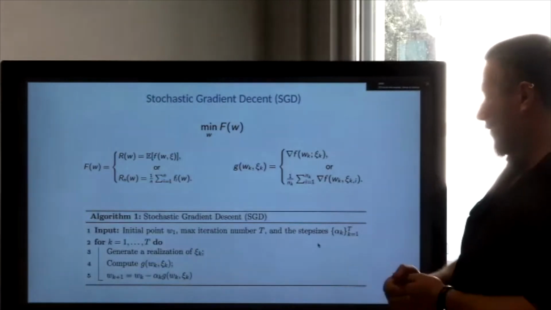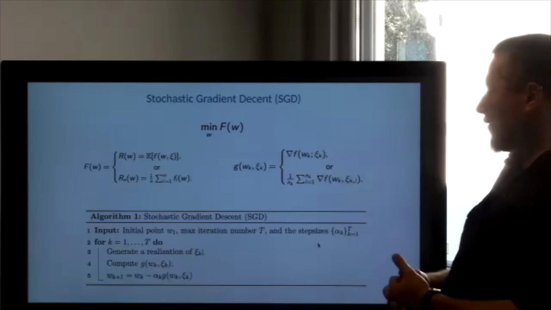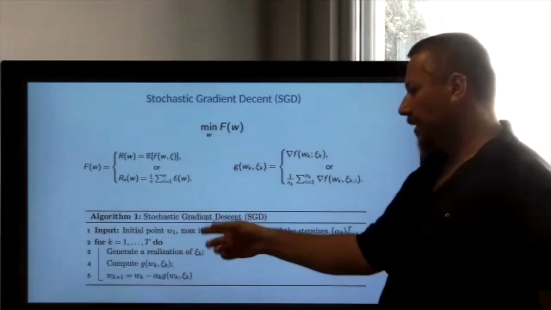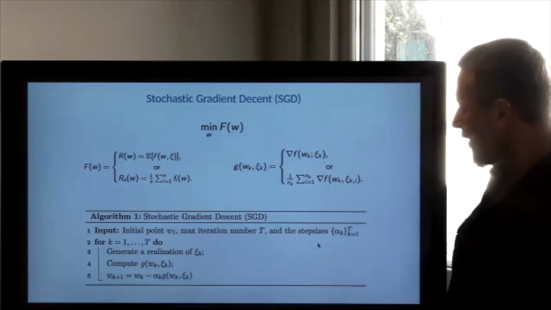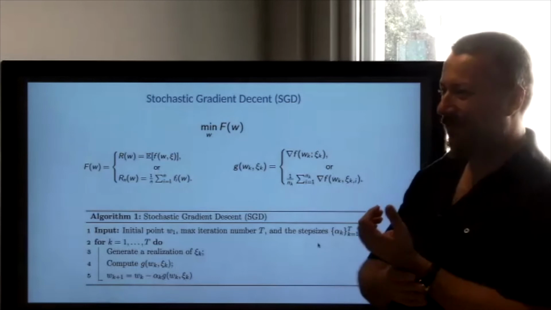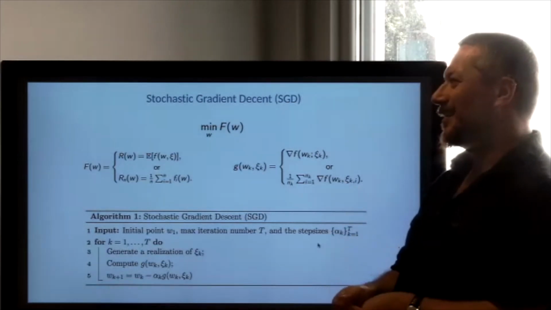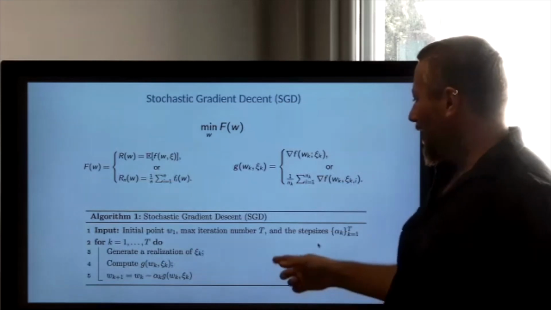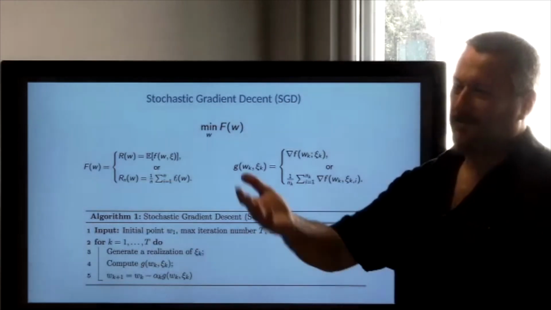So here's the algorithm for stochastic gradient descent again. We start with an initial point. In this class, I don't care how you choose that, but choosing it right really affects the performance as much as I can see and read. And then we choose a maximum iteration number, because this can go on forever.